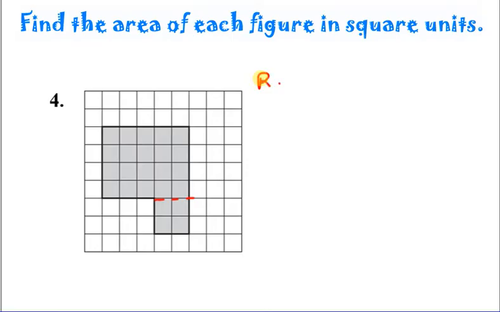Okay? So first, let me do the rectangle. What do I know about the area of a rectangle? It is area equals base times height. So let me fill in what I know. What is the base of this rectangle? 1, 2, 3, 4, 5.